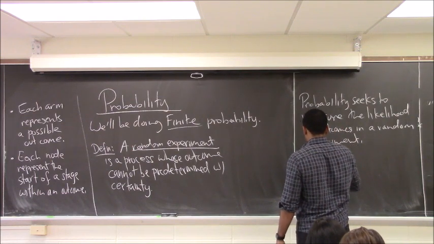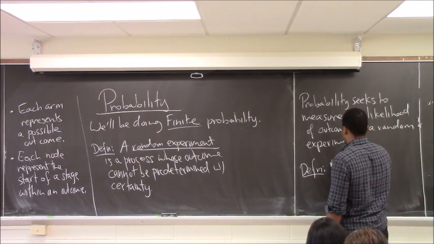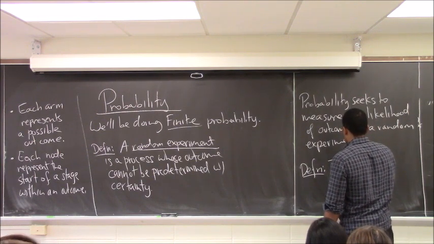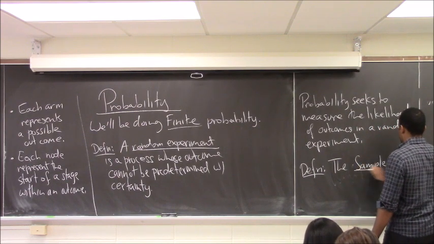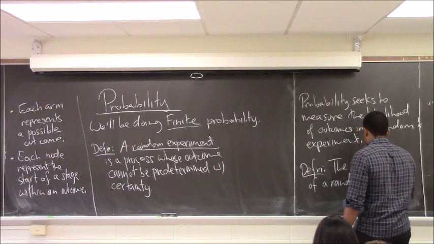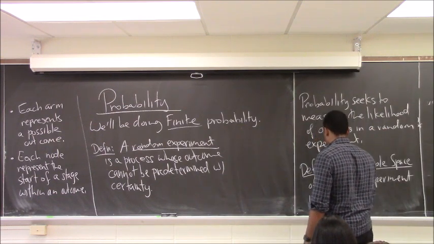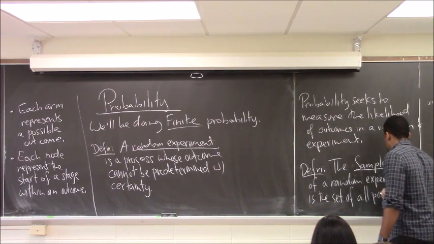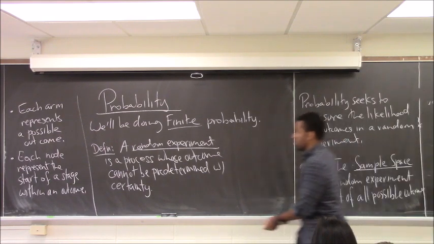Let's talk about another definition. Now, this is important. The sample space of a random experiment is the set of all possible outcomes of the experiment.